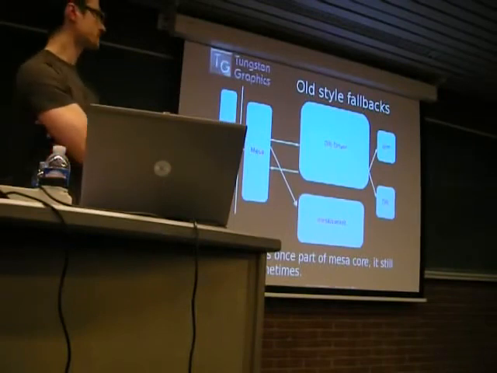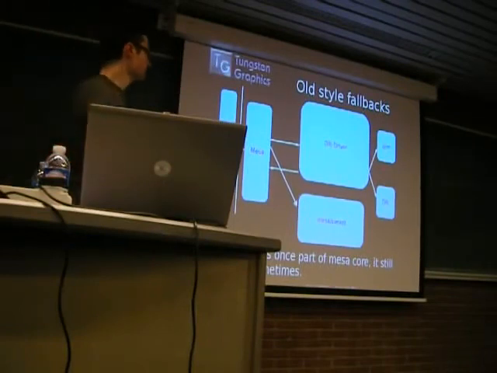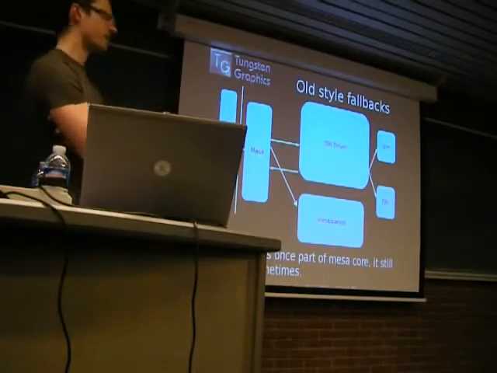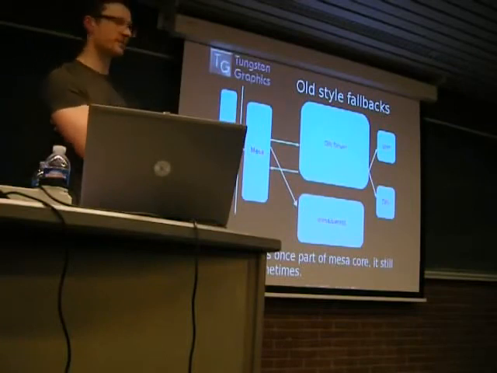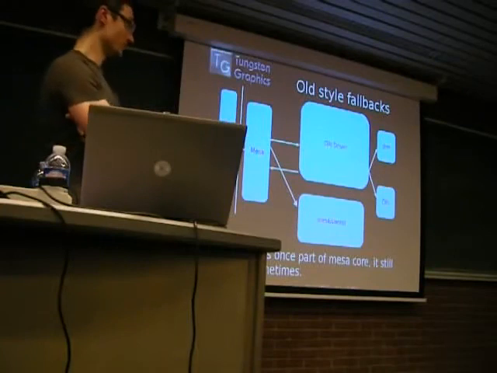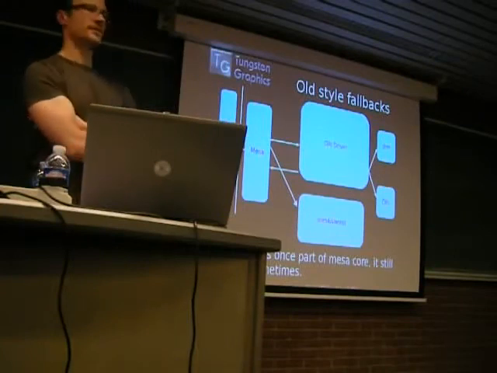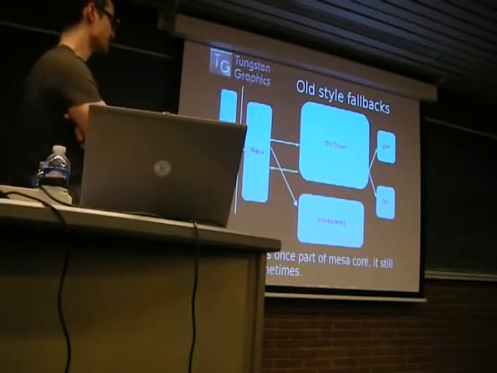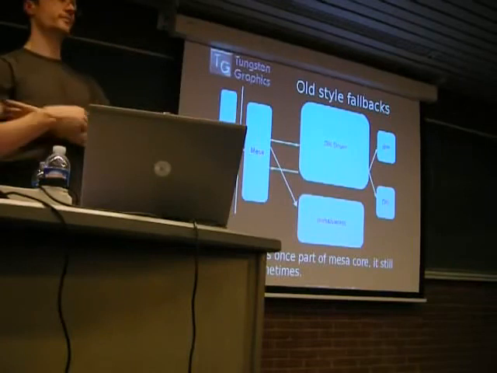So a fallback is obviously some set of GL state that we don't really know how to program the hardware to do. And basically the strategy that we've used for dealing with that is to say, well, we can't do it, let's get the software rasterizer to draw it. And that's pretty unsatisfactory.